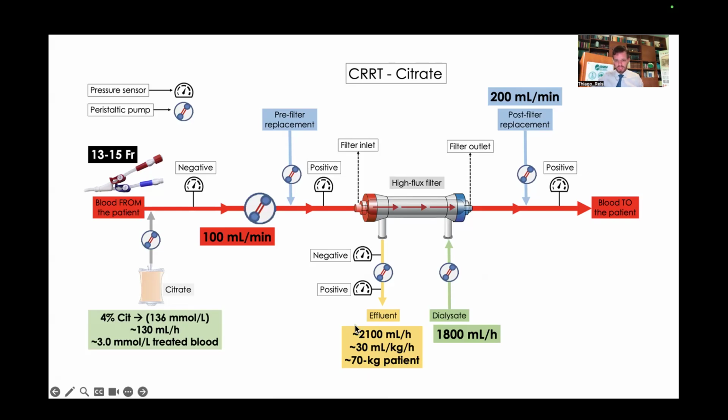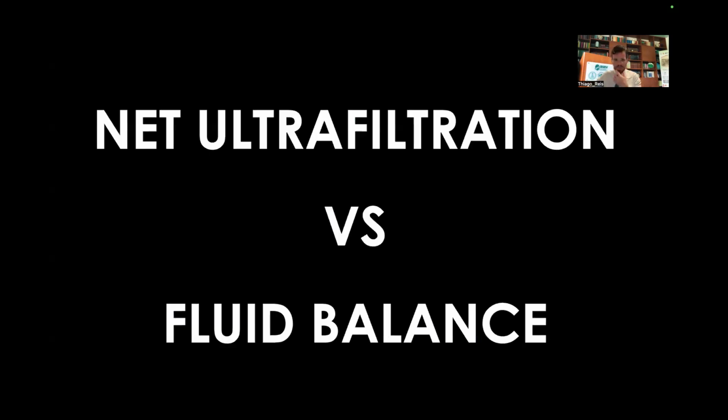For example, in this 70 kilogram patient, with this setting, applying a net ultrafiltration of 100 mLs per minute, this would give us an effluent of 2100 mLs per hour or 30 mLs per kilogram per hour for this 70-kilogram patient.